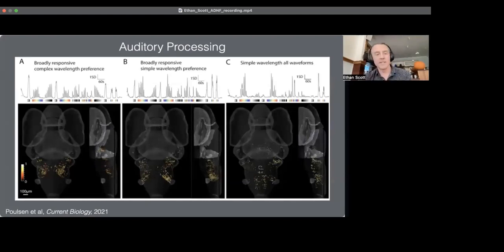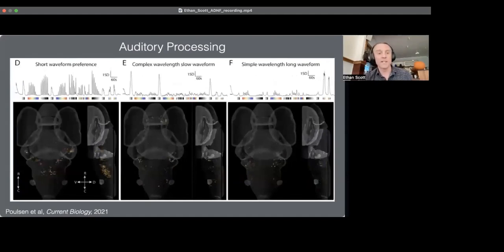There were still more specific responses that we found very interesting and that were novel. Responses, for instance, to short waveforms, those stimuli with sharp onsets. You can see here white noise stimuli from loud to quiet. Here's a white noise crescendo that ends at the same amplitude, the same volume as this stimulus here. And you can see the ratio of these responses.